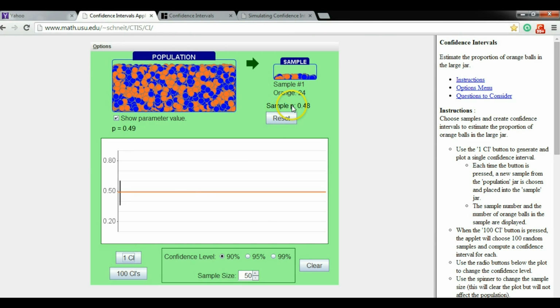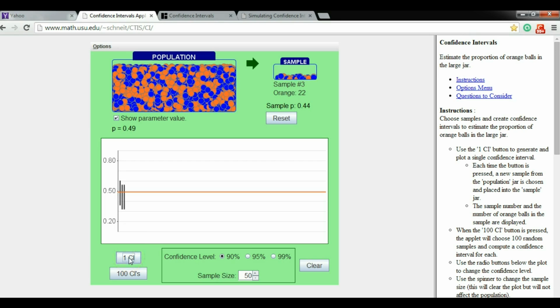In our first sample, we got 48%, so that's a pretty good approximation of 49%. And then we made an interval, and you'll notice in our interval that this red line represents the 49%. We captured our p-value. Our second sample, we got a p-hat of 44%, which is 5% away from our p-value. Okay, a decent approximation, but again, we created an interval, and in our interval, we captured our p-value.